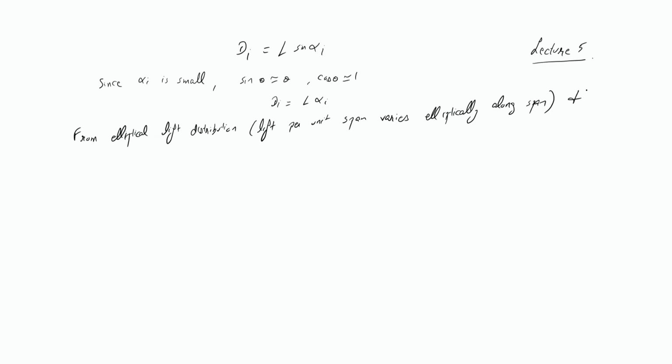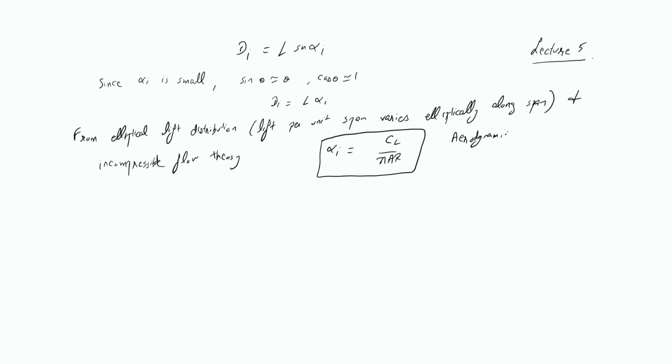From the elliptical lift distribution and incompressible flow theory, alpha I can be derived as CL by pi AR. I am not going into the derivation of this. You can find it in any aerodynamics book, even the J.D. Anderson book, where this relation is given as alpha I equals CL by pi AR.